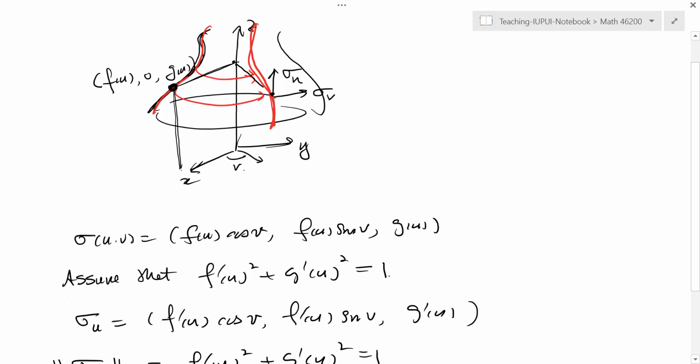So I want to look at the radius of a circle here at that particular point.